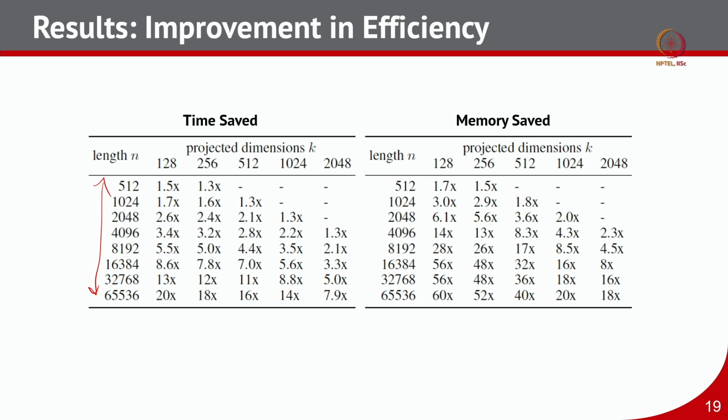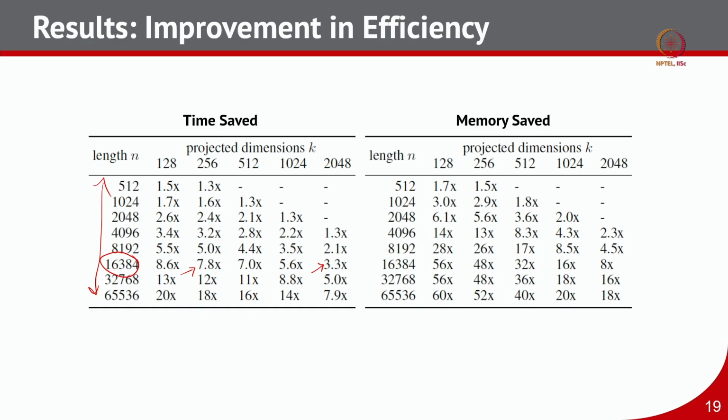For example, if our original sequence length is 16384, and we use a projection dimension of 256, then the time saved, the reduction in latency, is 7.8.